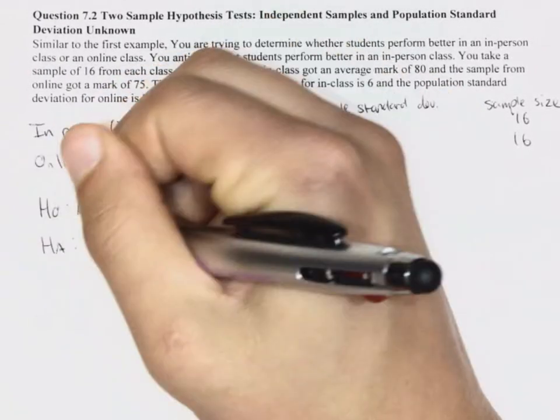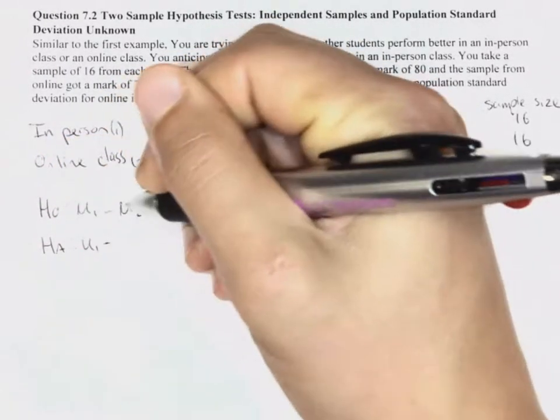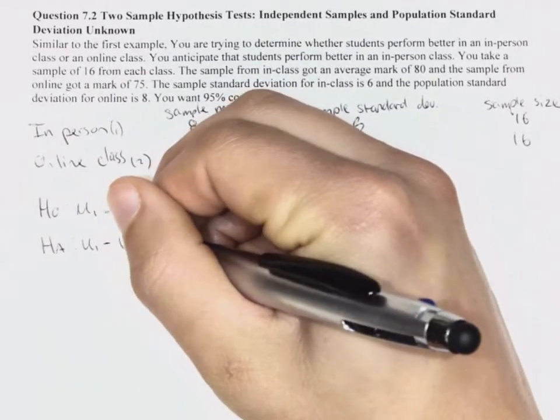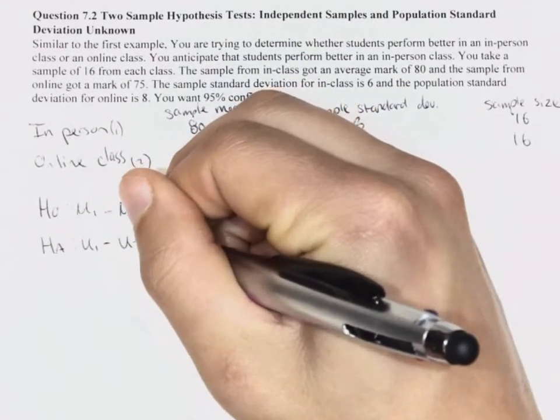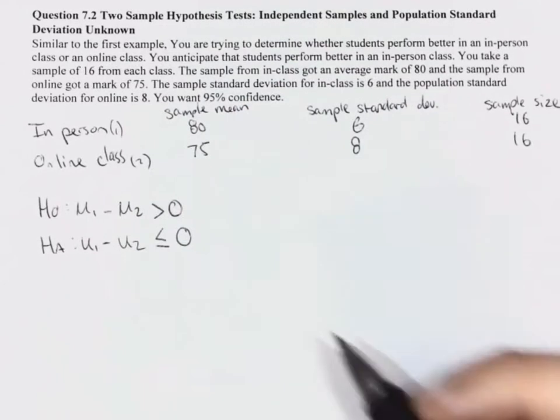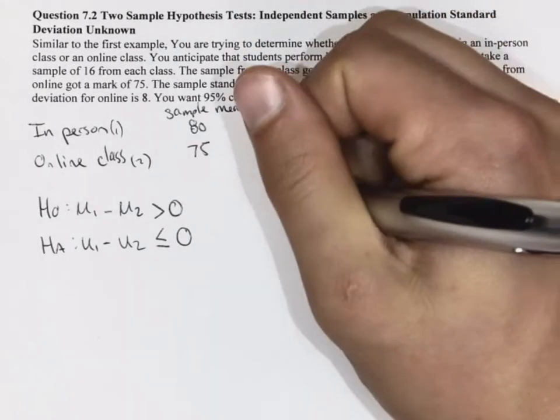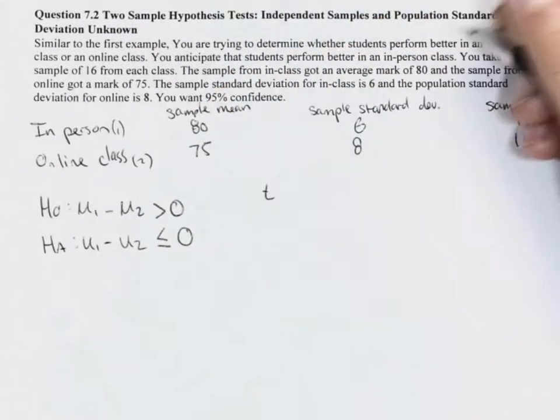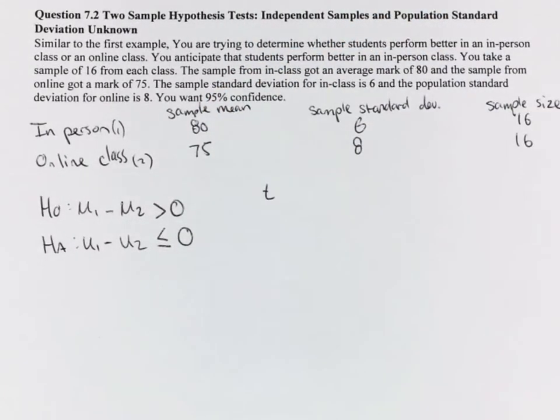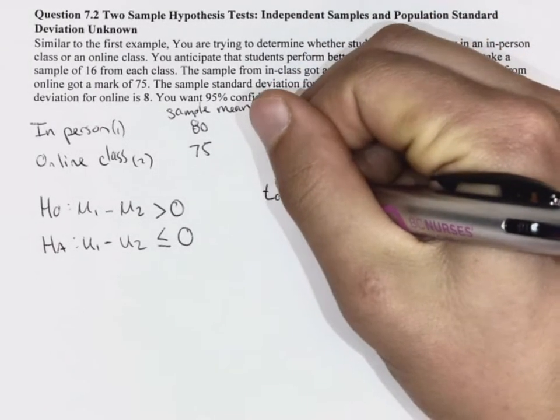Our alternative is that it is equal to or less than 0, so it either doesn't matter or it's actually worse. So now we are going to use our formula for when we don't know our population standard deviation, which looks like this.